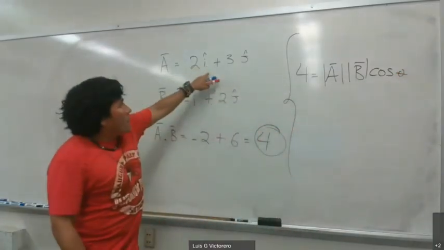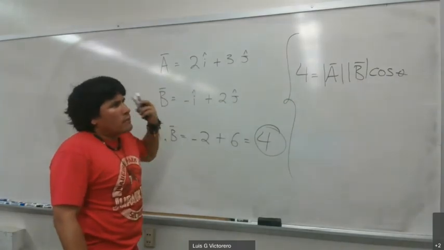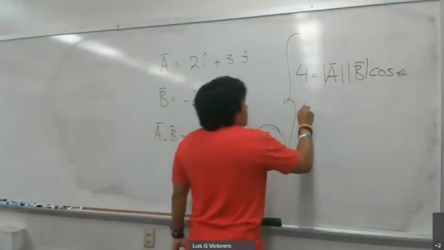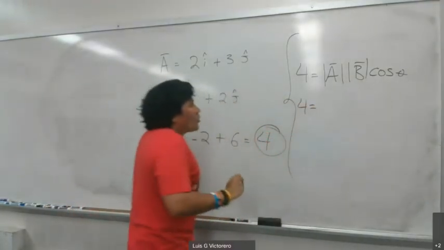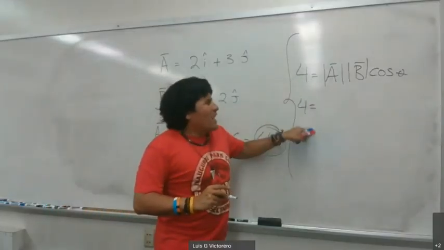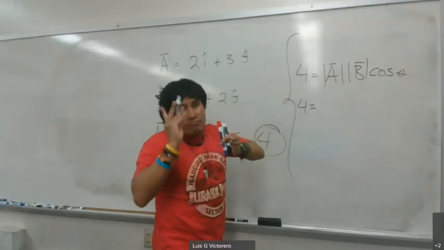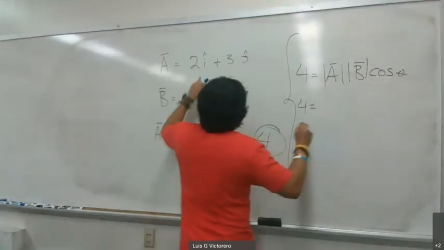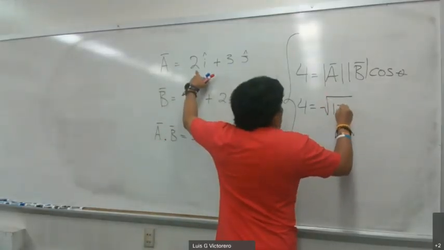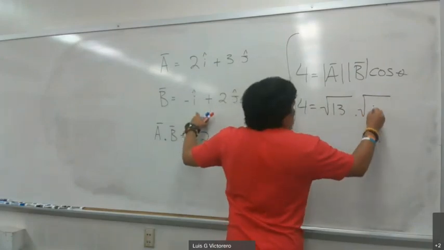Now this vector is in the first quadrant. This one is in the second quadrant. So the angle could be more than 90, but it shouldn't be more than 180. Let's take a look at what we get here. Well, if the dot product is positive, then we already know that the cosine will be positive. If cosine is positive, it has to be acute. Okay, so this one is the square root of 9 plus 4, right? The magnitudes, 4 plus 1.